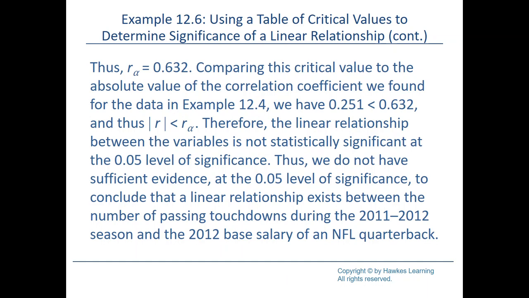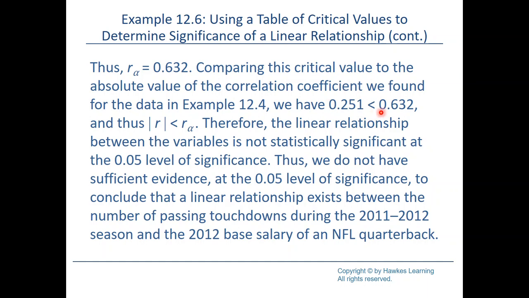Okay, so now that we know what r alpha is, we have to compare that critical value to the correlation coefficient that you found. Now remember in the very first one we found 0.251. And again, this is what we did earlier, and that came from the calculator.